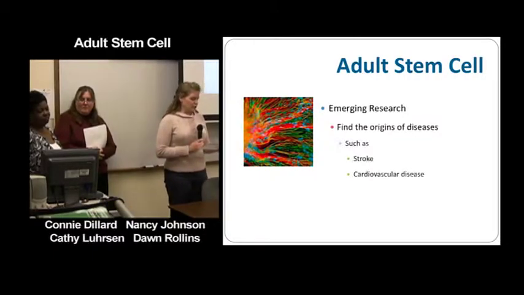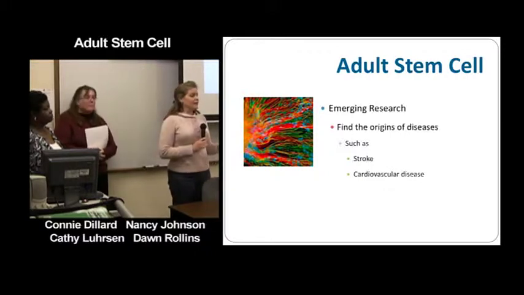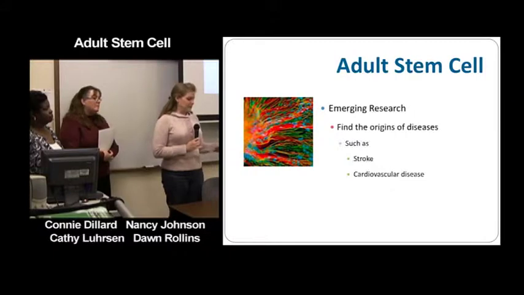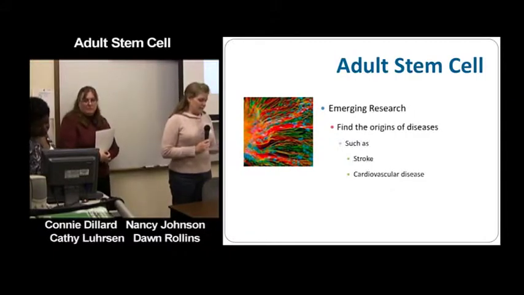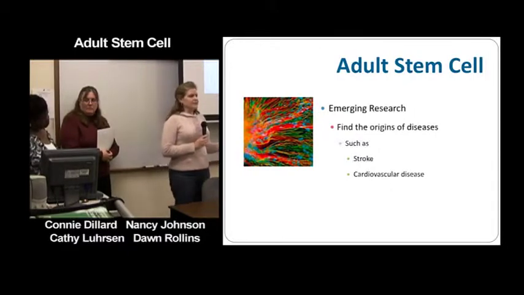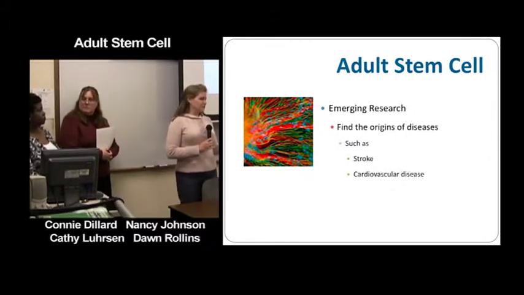Scientists are now using chemical markers to track adult stem cells in the body, so as they replicate and become different cells, they can track them and harvest them a bit more easily. And the last thing they're doing is studying patients that have certain diseases and comparing them with the adult stem cells of healthy patients to determine where the alterations are happening in the genes. So they're looking for ways to possibly prevent certain diseases in the future as opposed to just treating them.